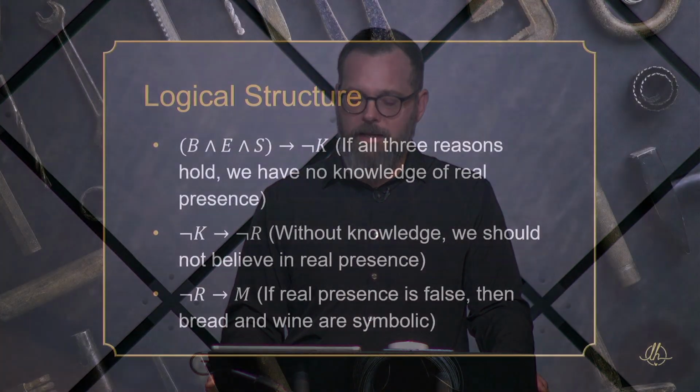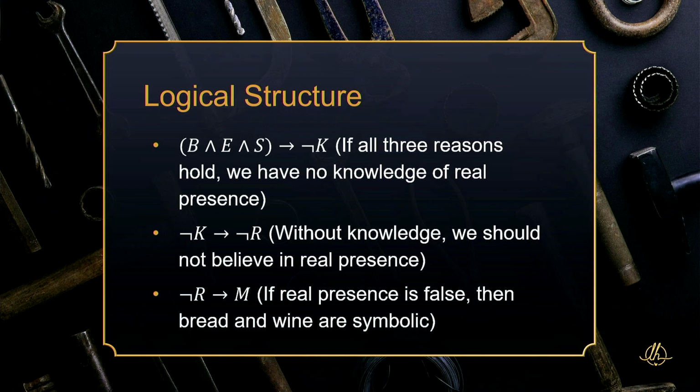And then the next line, if not K, then not R. So if we don't have knowledge of real presence, then real presence is false. And then if not R, then M. So if real presence is false, then bread and wine are symbolic. Okay, I've got to catch up to myself in the notes here.